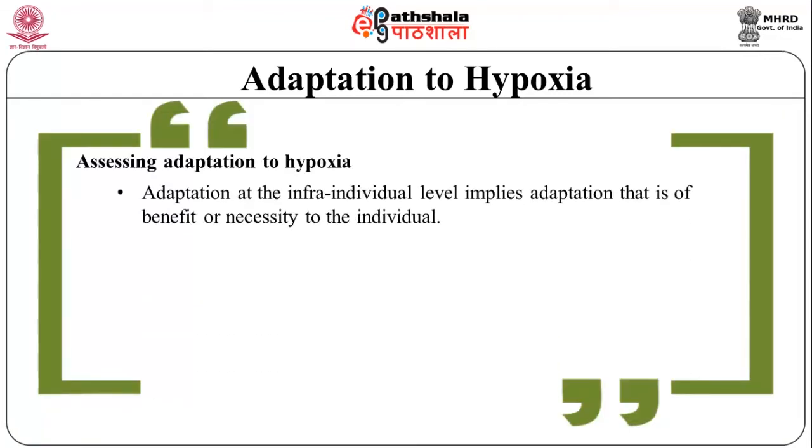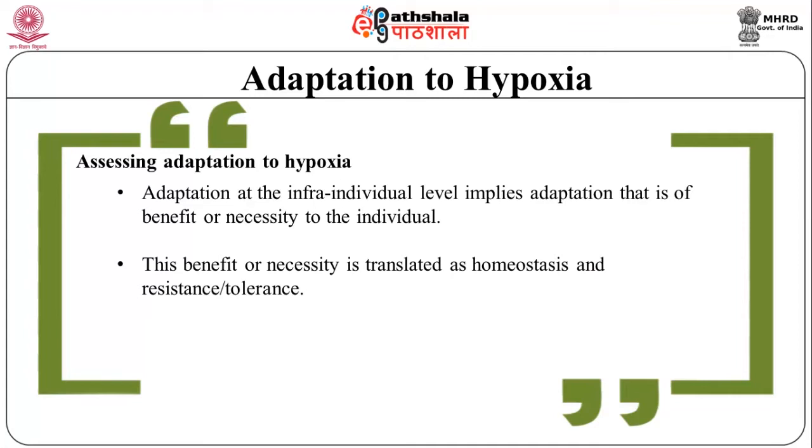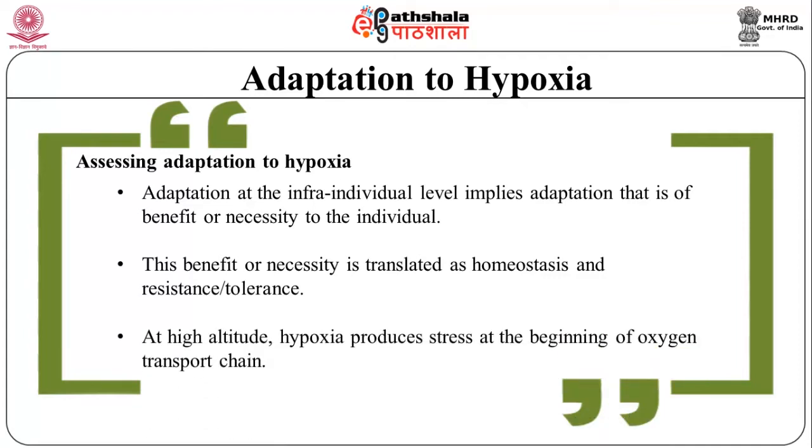The adaptation at the infra-individual level implies adaptation that is of benefit or necessity to the individual. This benefit or necessity is translated as homeostasis and resistance or tolerance. At high altitude, hypoxia produces stress at the beginning of the oxygen transport chain.